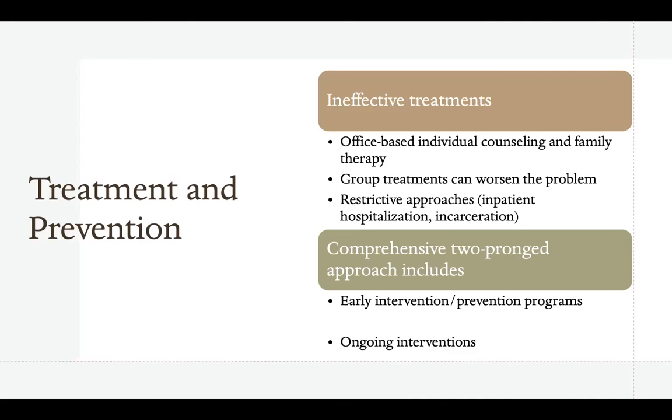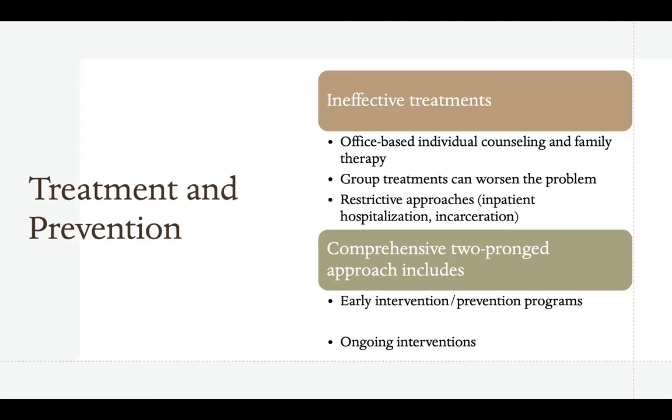So what can we do? Well, we do have a two-pronged approach, which includes early intervention. As I've mentioned with other disorders, the earlier you treat or intervene, the better it can be. And even prevention programs. So before it even starts, educating the parents on what appropriate behavior is, educating parents and children on what proper social skills could be, maybe educating children and parents on how to build empathy, and this is all before conduct disorder even begins.